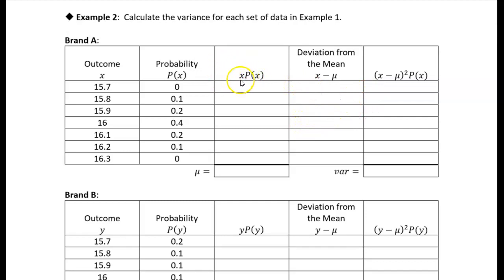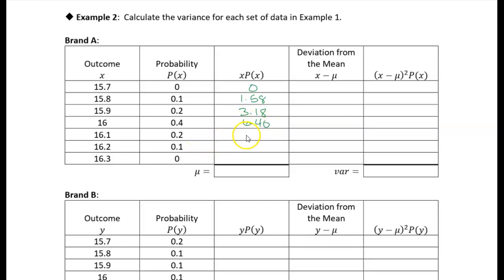This column here says x times the probability. We're going to take each random variable outcome and multiply it by its associated probability. So I'm just going to multiply these first two columns. 15.7 times 0 gives me 0. 15.8 times 0.1 gives me 1.58. 15.9 times 0.2 gives me 3.18. 16 times 0.4 gives me 6.40, and so on.